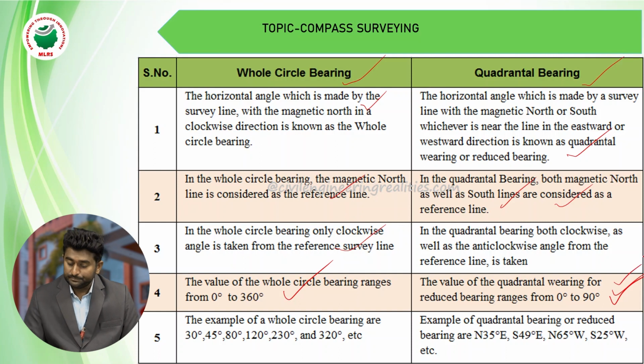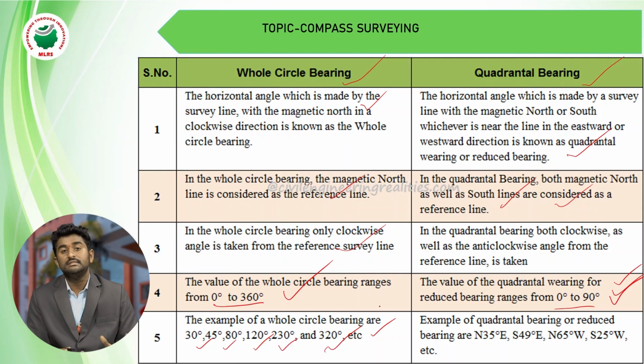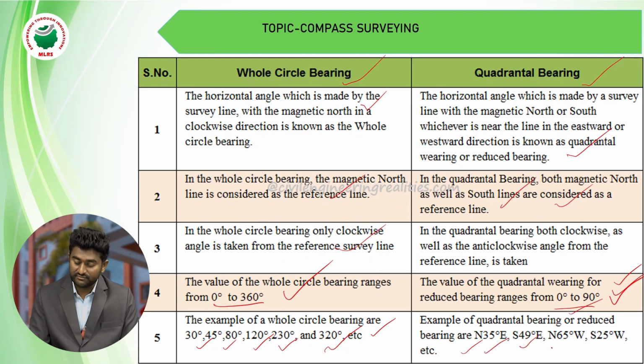That type of bearing system is known as the quadrantal bearing system, 0 to 90 degrees, whereas the whole circle is 0 to 360 degrees. Examples of whole circle bearings are 30 degrees, 45 degrees, 80 degrees, 120 degrees, 230 degrees and 320 degrees. Examples of the quadrantal bearing system with reduced bearings are 35 degrees, 49 degrees, 65 degrees, 25 degrees. This is used in the surveyor compass only.